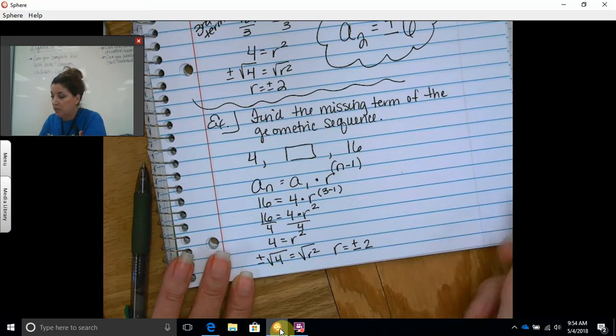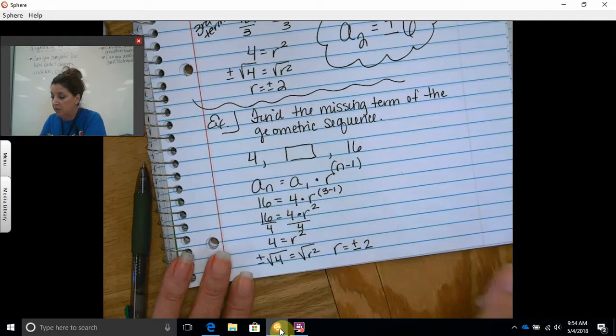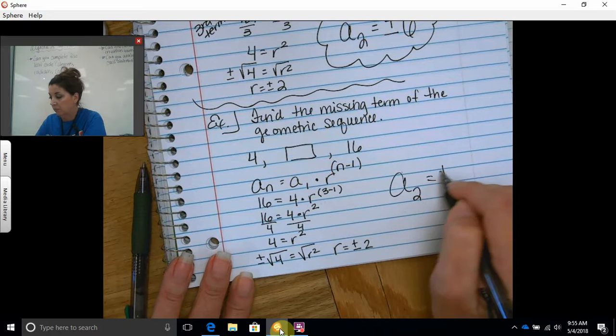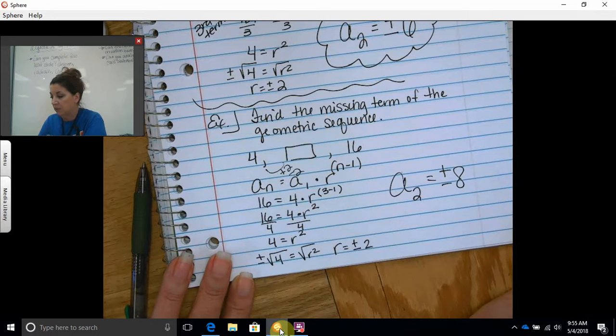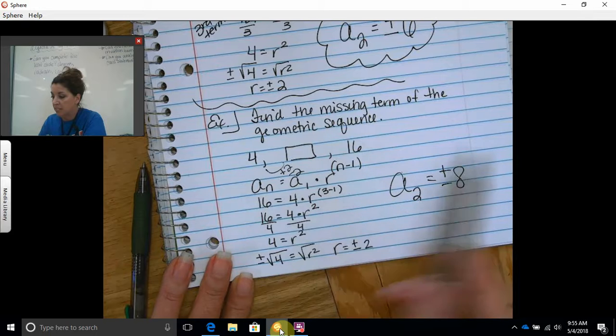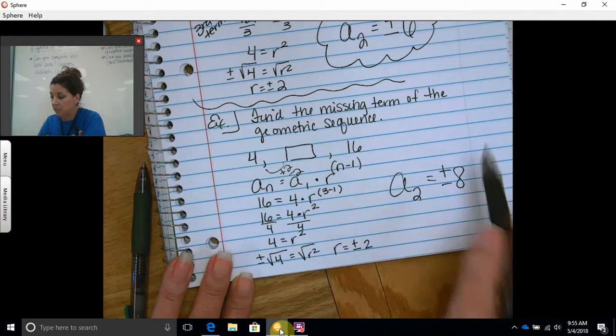If my common ratio is positive or negative 2, that means the second term is what? Positive 8 or negative 8. So multiply by positive 2 or negative 2. Either way, this would still be a positive 16. Positive 8 times positive 2 is 16. Negative 8 times negative 2 is positive 16.